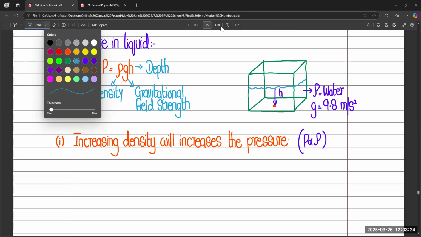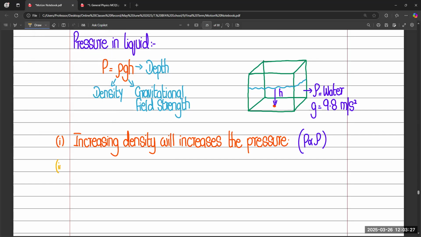Second factor, increasing the value of gravitational strength also increases the pressure.